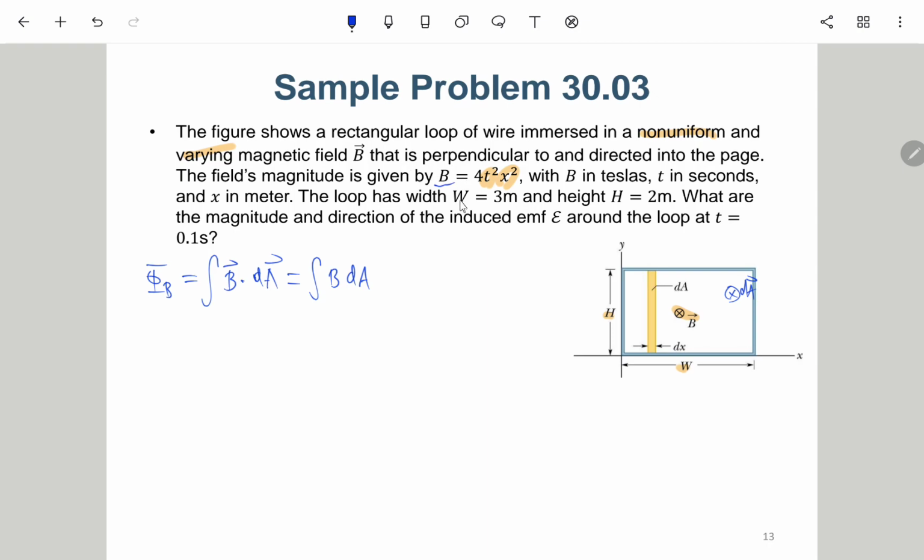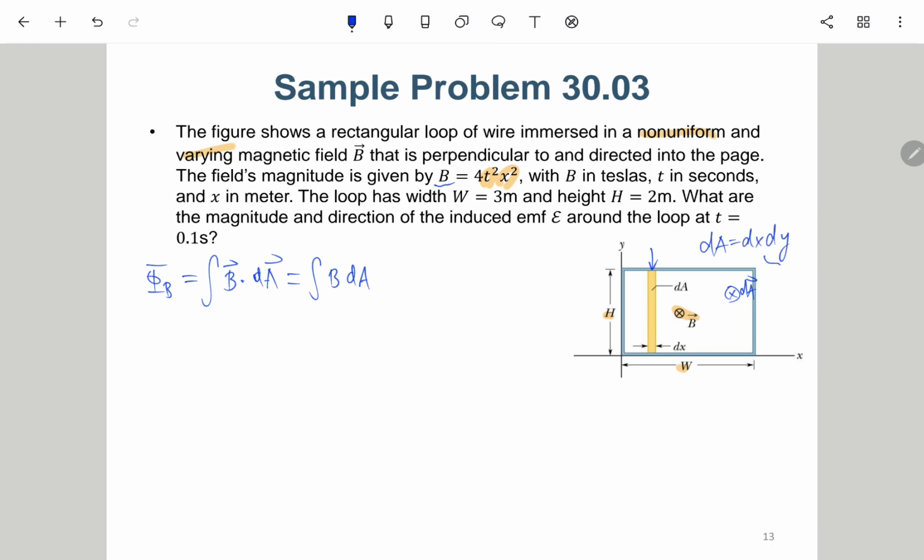In such a way, across the y-axis we can just consider this dA. Here we have this dA to be this orange rectangle. Originally dA in Cartesian coordinates should be something like dx dy.